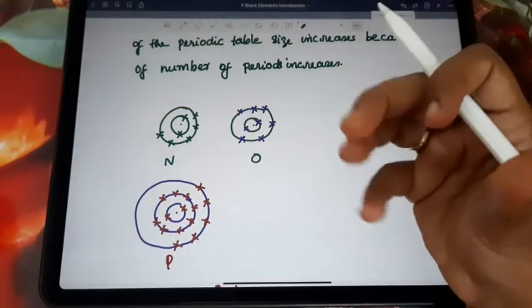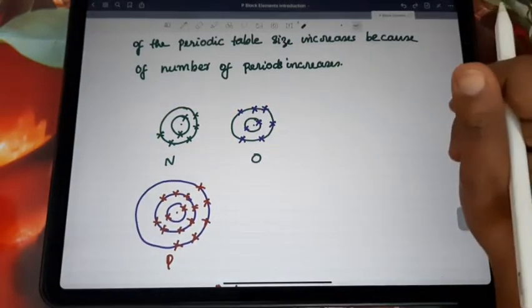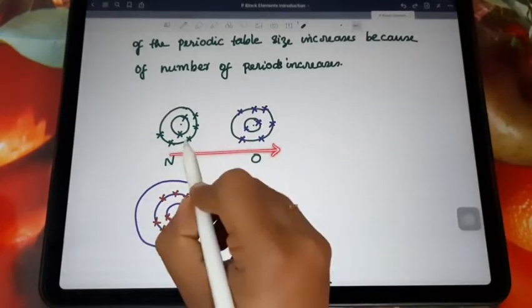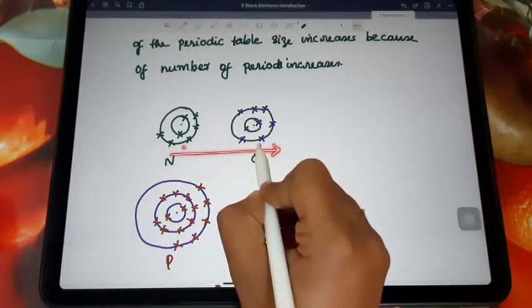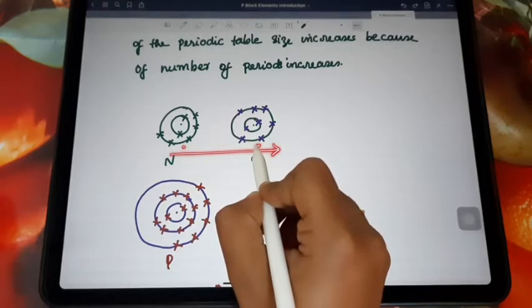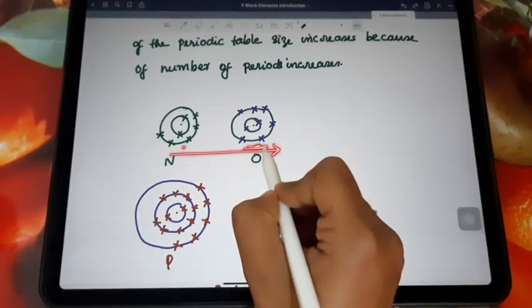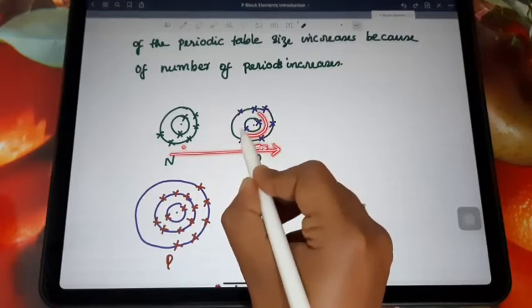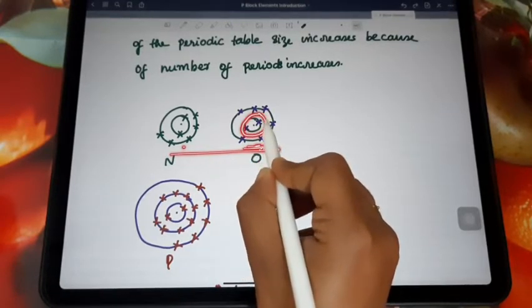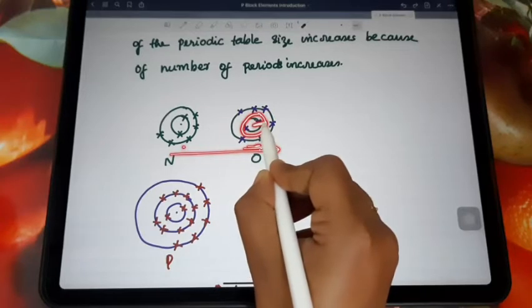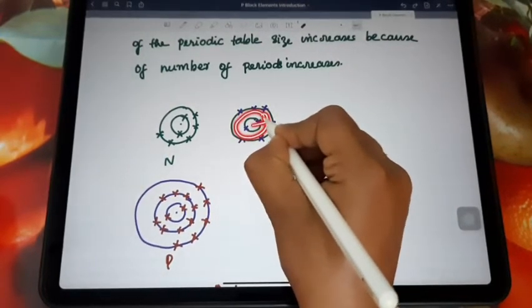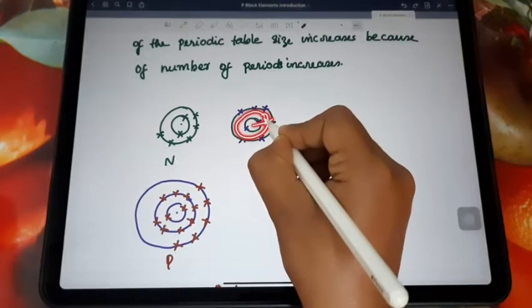Which one is more favorable to remove? It is in connection with atomic size. You studied that along the period, compare nitrogen and oxygen. You can see that oxygen has less size. So when oxygen has less size, it is more attracted towards the nucleus. So the nuclear attraction is more. So is it easy to remove the electron from oxygen?